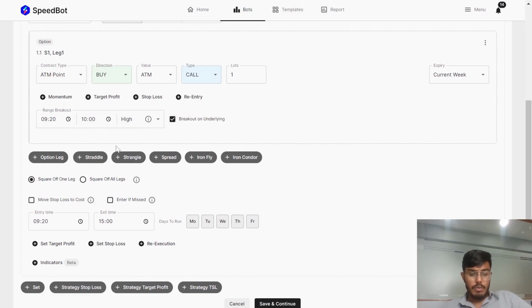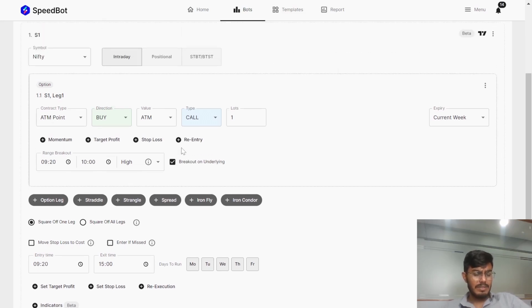Perfect. So what does this mean? Let us first see, at 920 we are starting the bot. So the entry won't be placed at 920 at that time. We will wait for the highest point of the underlying symbol, the Nifty index spot chart, right?